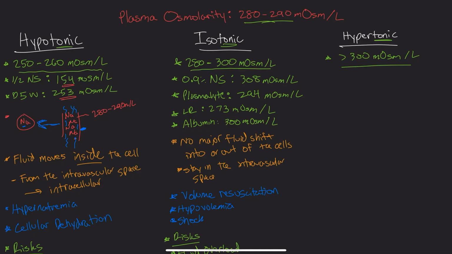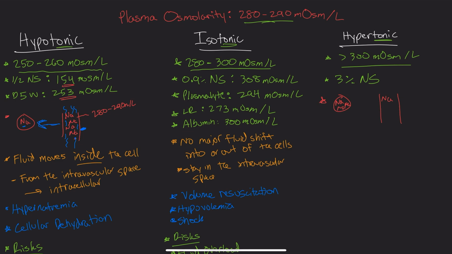So some examples. Biggest one, the most common one, is going to be 3% saline. So that would be your most common example there. So now we think about how this works, just opposite of the hypotonic, right? So now you've got a cell, some sodium in it, you've got a blood vessel, which indicated for a patient with hyponatremia, right?